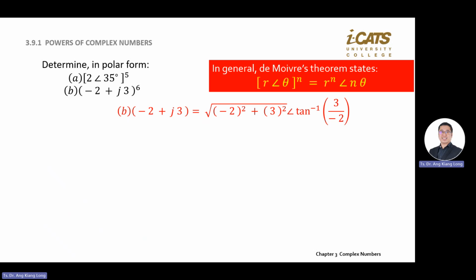We need to find x squared plus y squared and square root it. Then the angle will be the inverse tangent. So you press the calculator, you will find square root of 13, and the angle is 123.69.